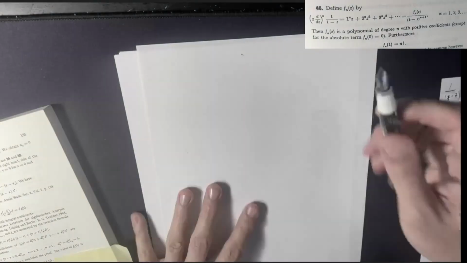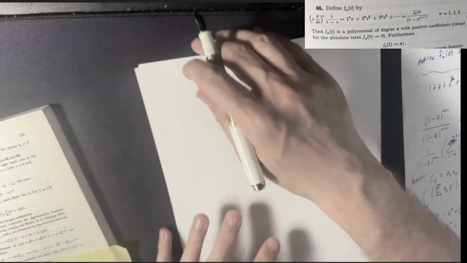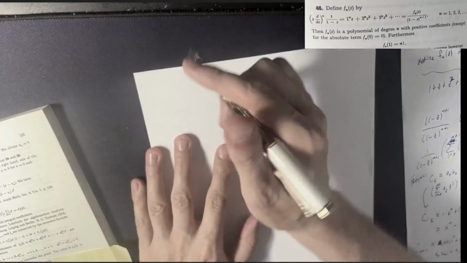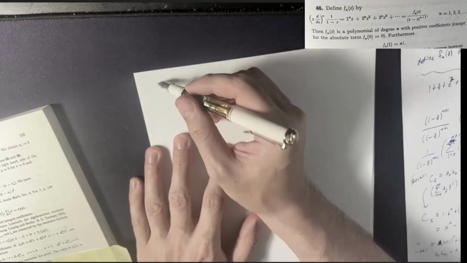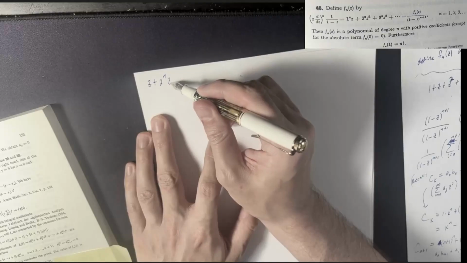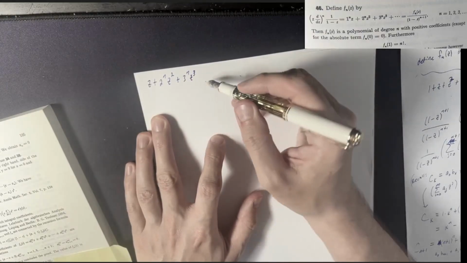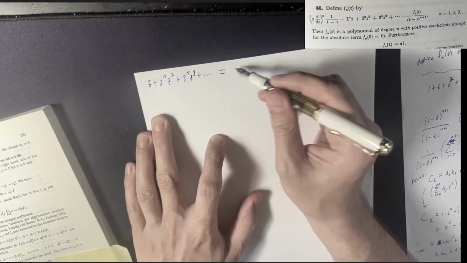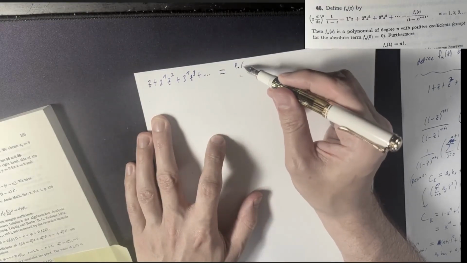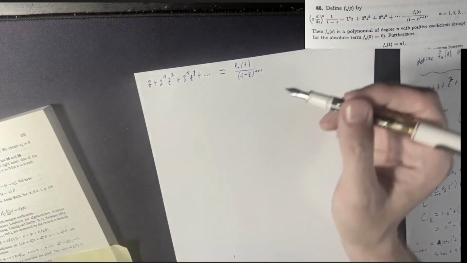So what are we doing again? We're trying to express this as a function over 1 minus z to the n plus 1.